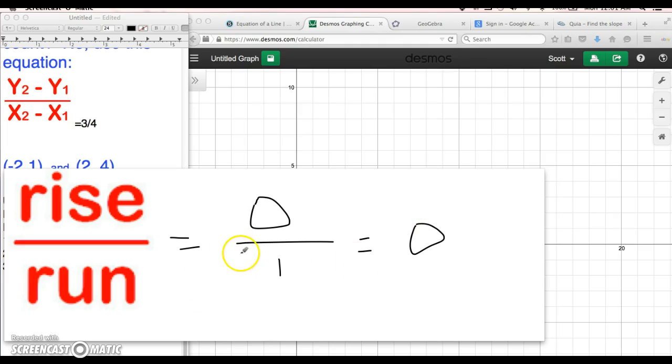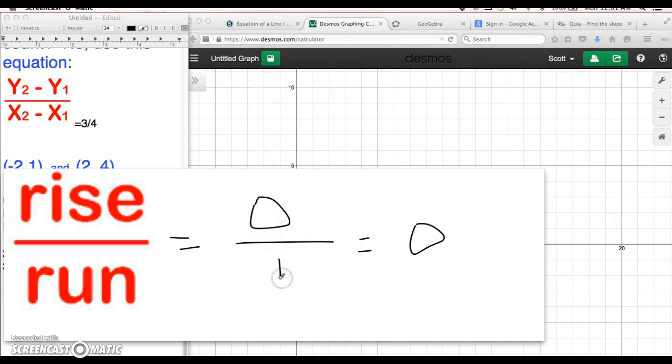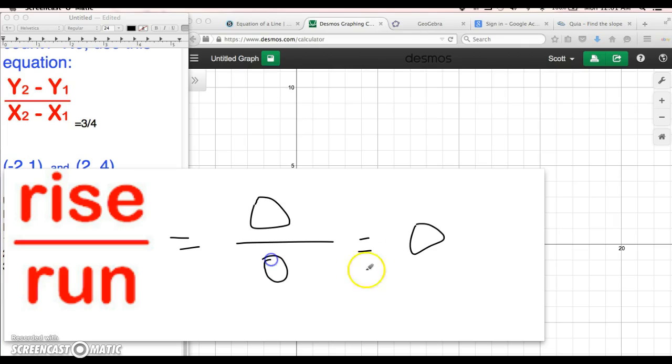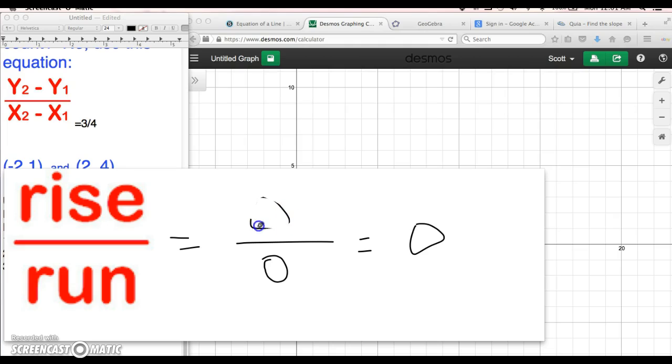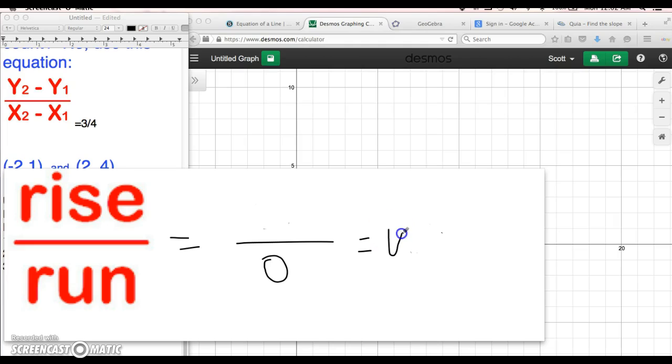But if your run is 0, doesn't matter what your rise is, doesn't matter what's on top, your answer will always be undefined. And you can confirm this by plugging this in your calculator.